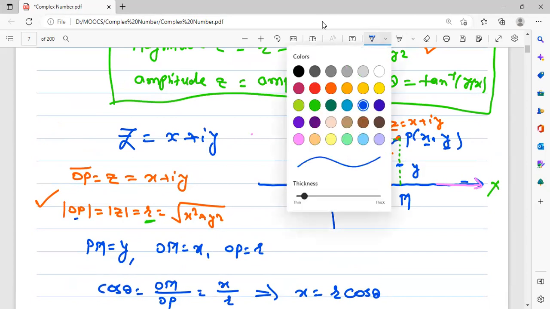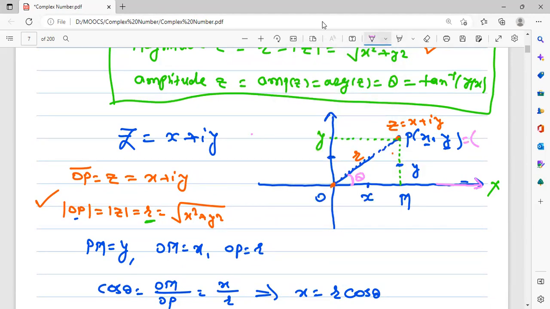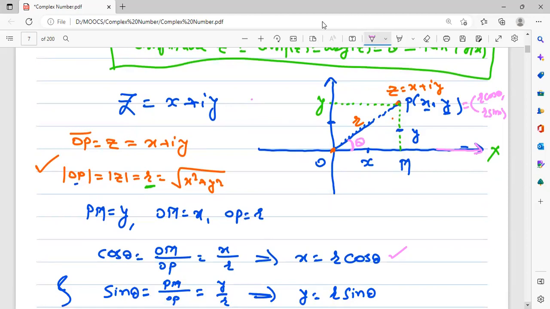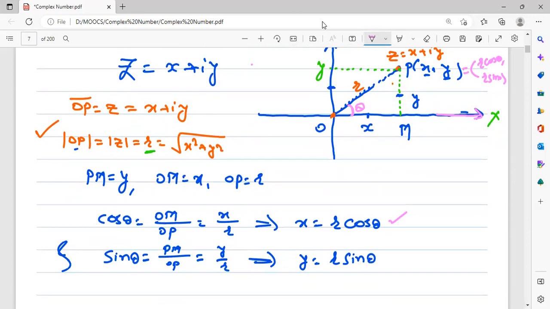Can I denote this coordinate as x? x means r cos theta, and what is y? y is r sin theta. This is my theta. Again, using these two equations, I will find y divided by x. What is y divided by x?